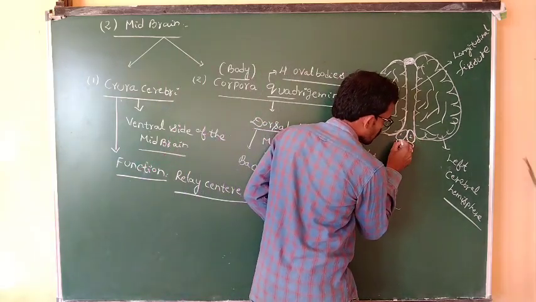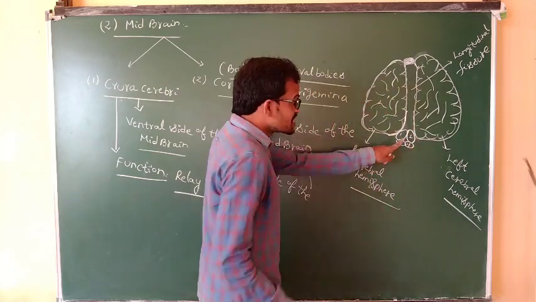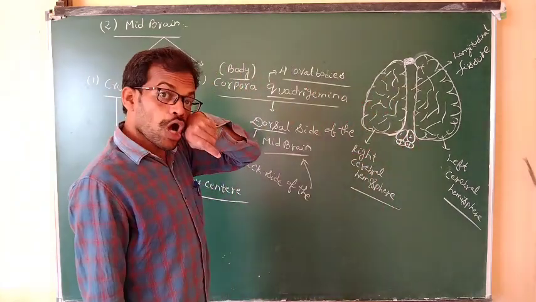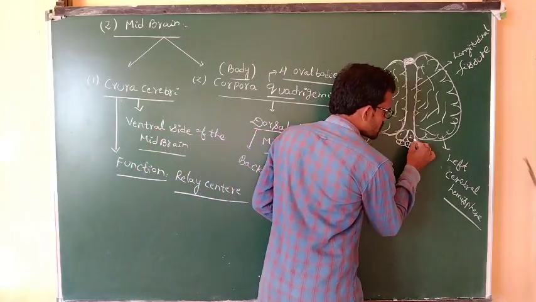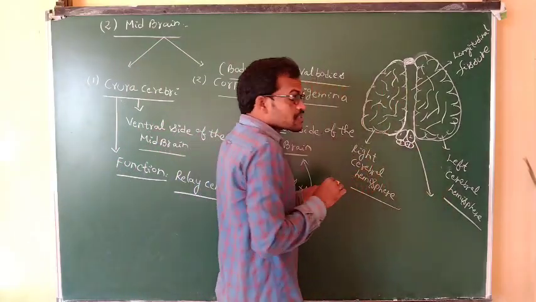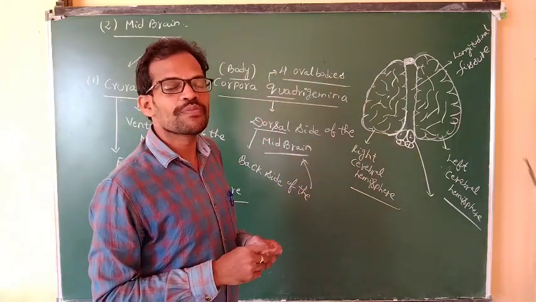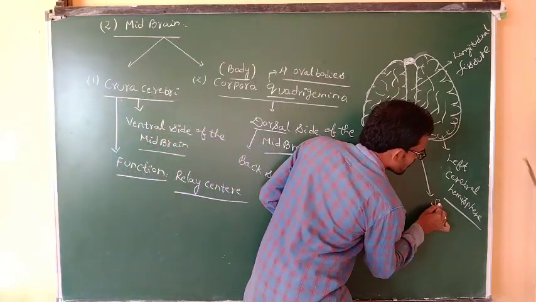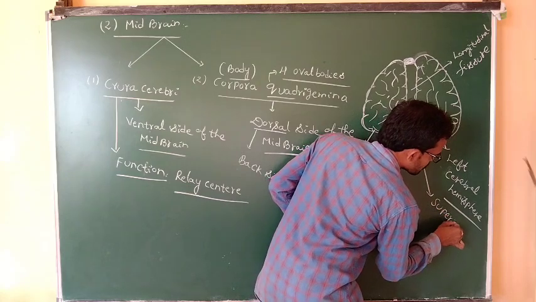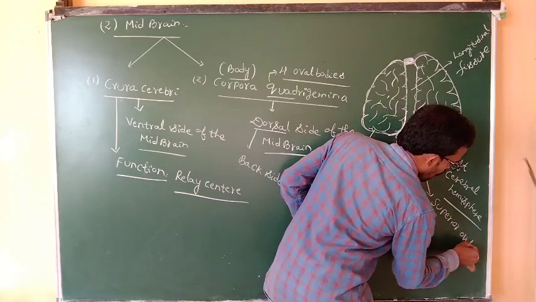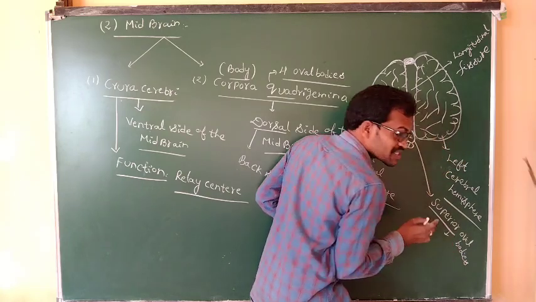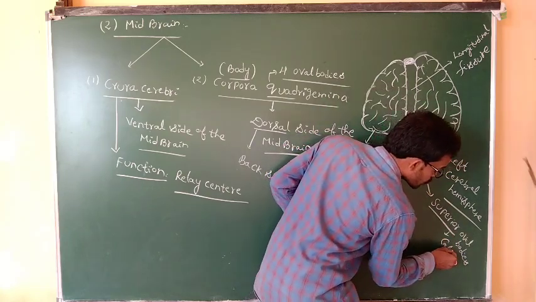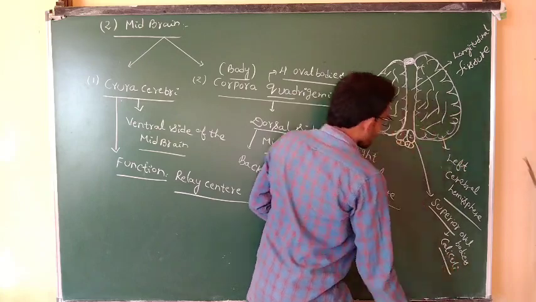One, two, three, four. These four vowel bodies are nothing but corpora quadrigemina. The first, the superior vowel bodies, are also known as superior colliculi.